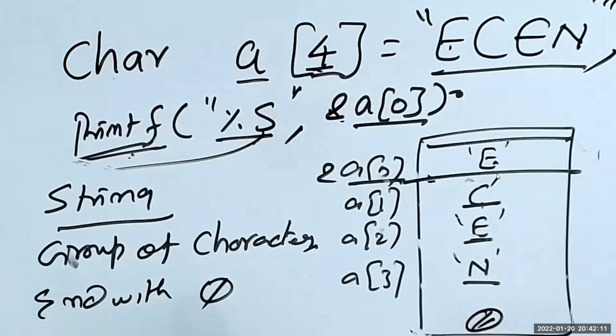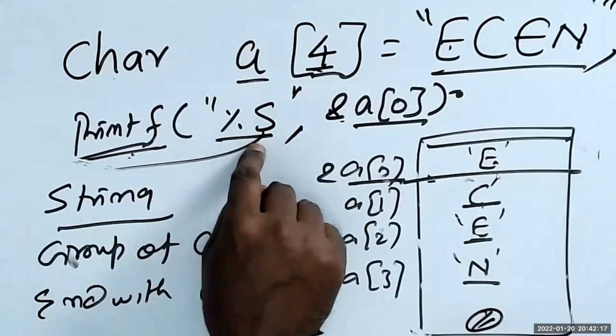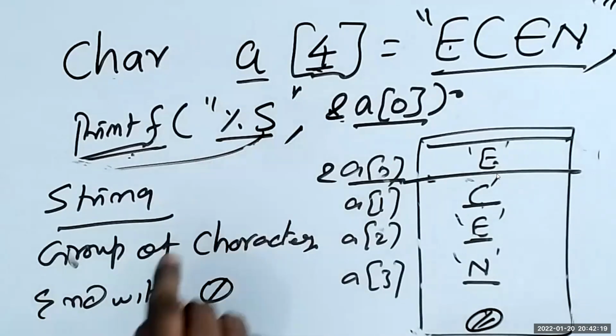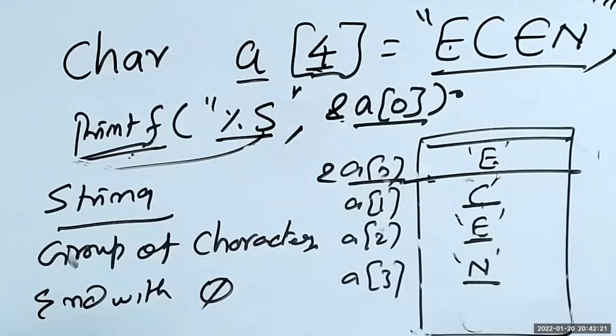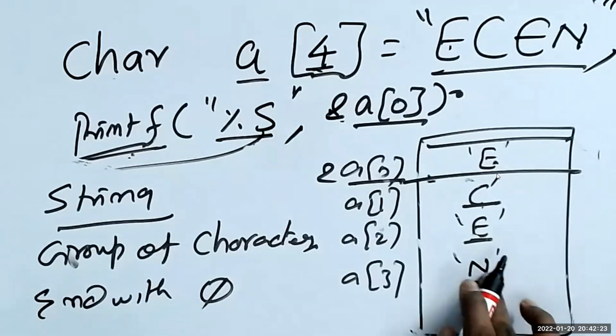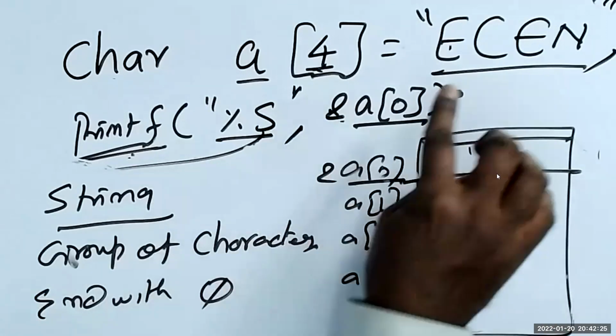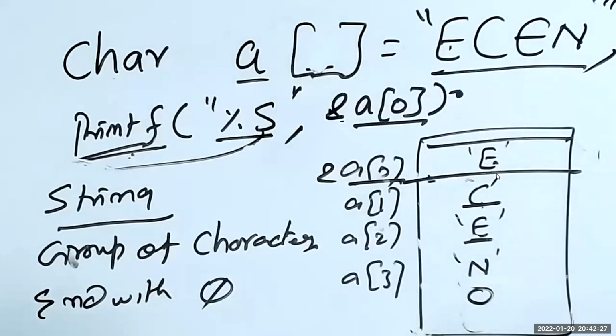End with 0. So it is a must. The moment you use percentage yes, you should make sure that this ends with 0. That is the reason the compiler, if you put ECEN, should allocate one space extra.